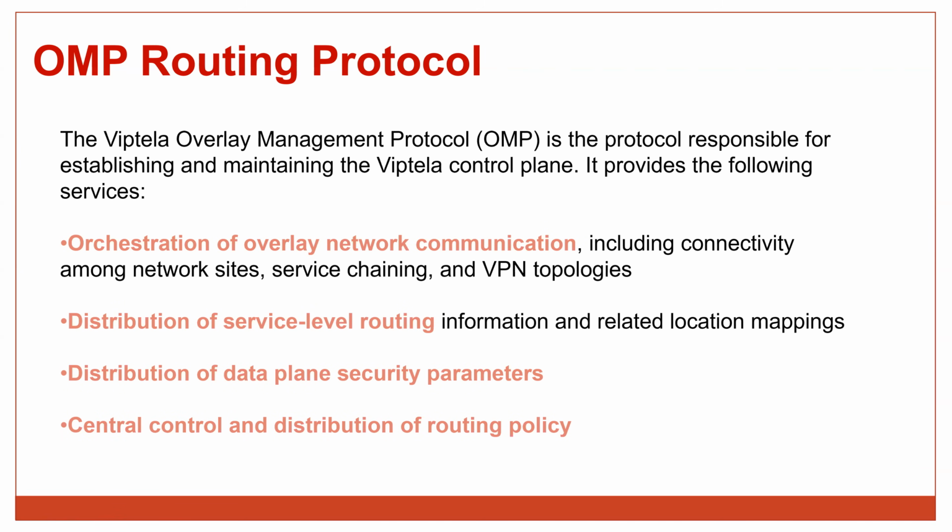It is not running between two different VEdges. OMP will do these four things: orchestration of the overlay network, distribution of service level routing, distribution of data plane security parameters, and central control and distribution of routing policy. This is the use of OMP.